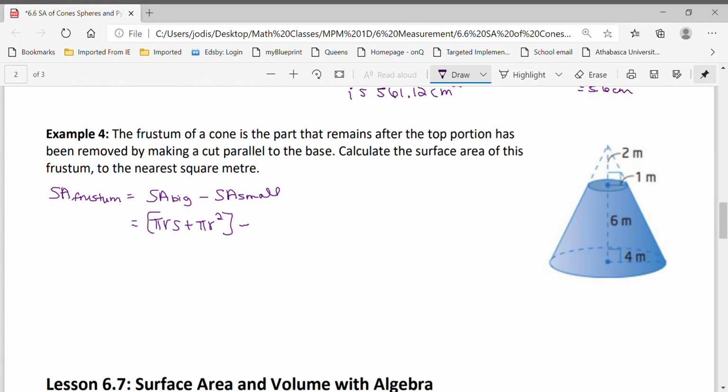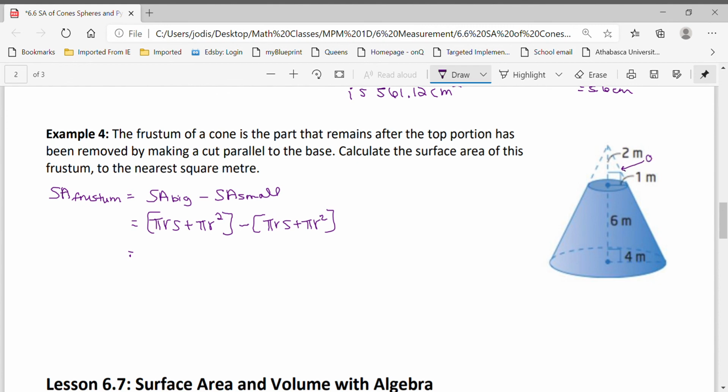That's for our big, minus the surface area for our small cone. Okay, so now we just need to check what we need. We have the radius for the small, we have the radius for the big. Slant heights. Okay, so they gave us actual heights. So I'm going to need to figure out some slant heights for the small and the big.